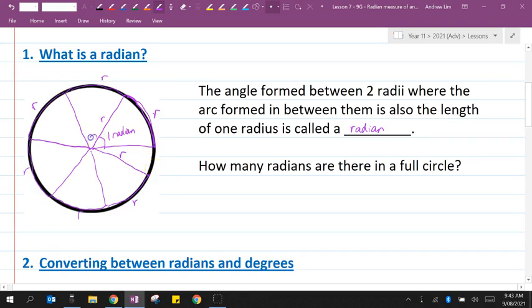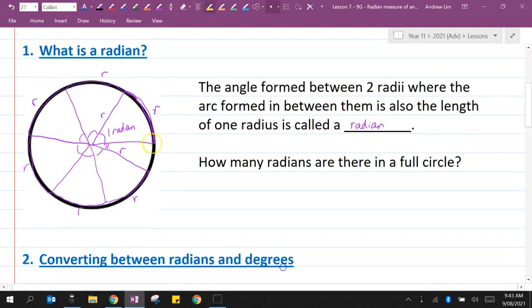So how many radians are there in a full circle? The question you could ask yourself is, how many radii are there in the circumference of a circle? Well, we actually know that.